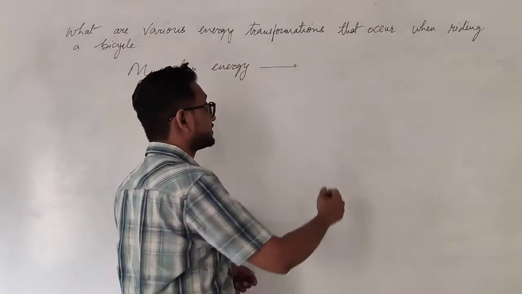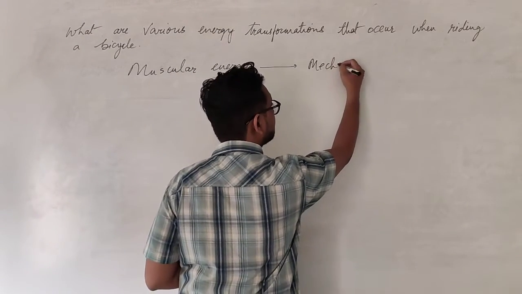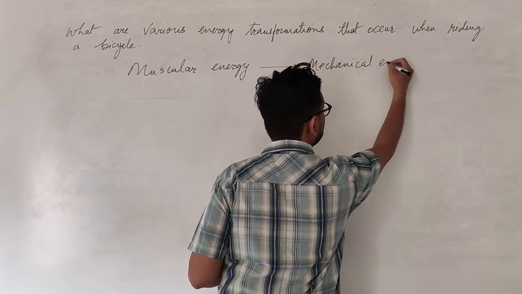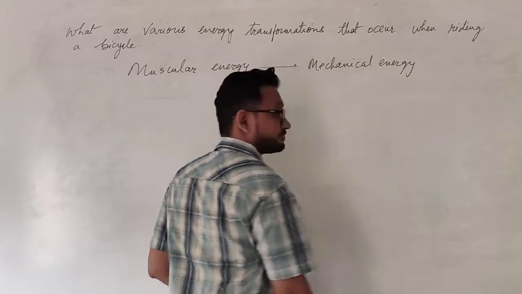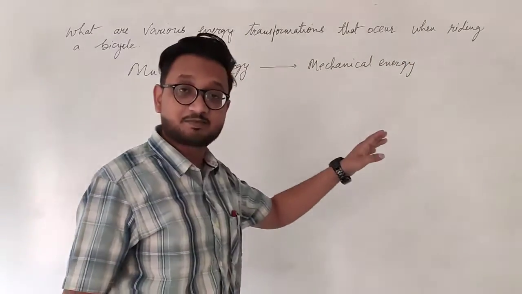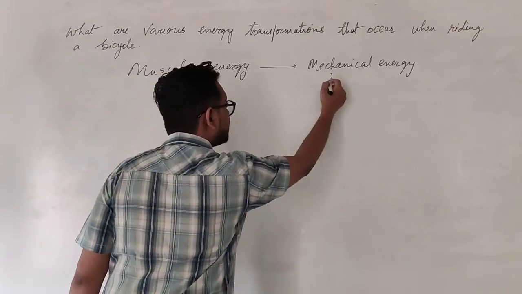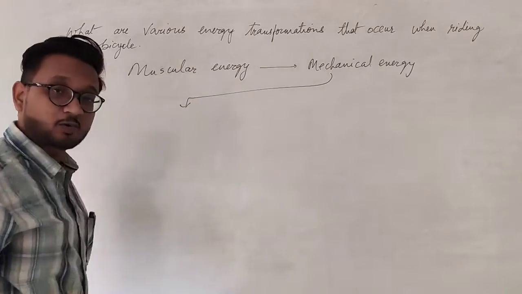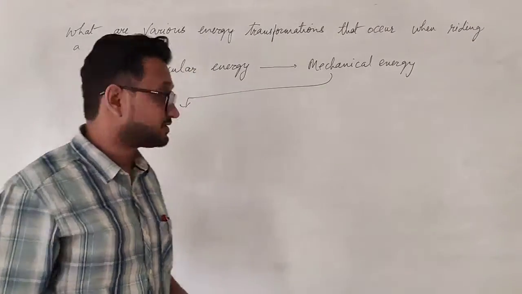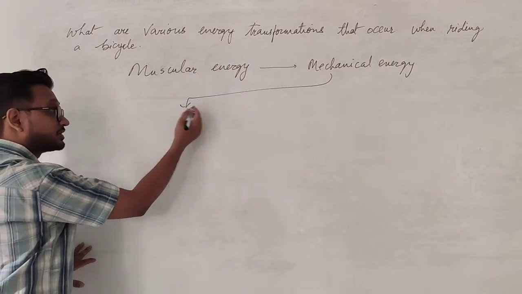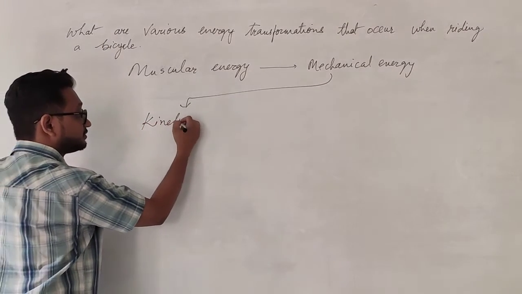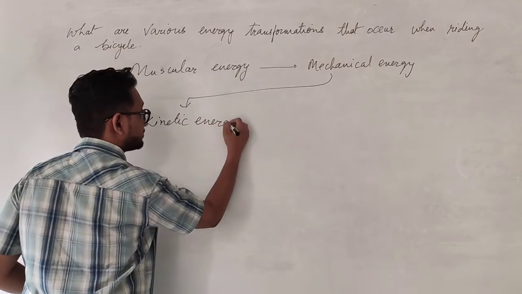So we can say that it is converted into mechanical energy. And because of these machines and mechanical energy, the bicycle moves and it acquires a certain velocity. And because of that velocity, you can write that it is converted into kinetic energy.